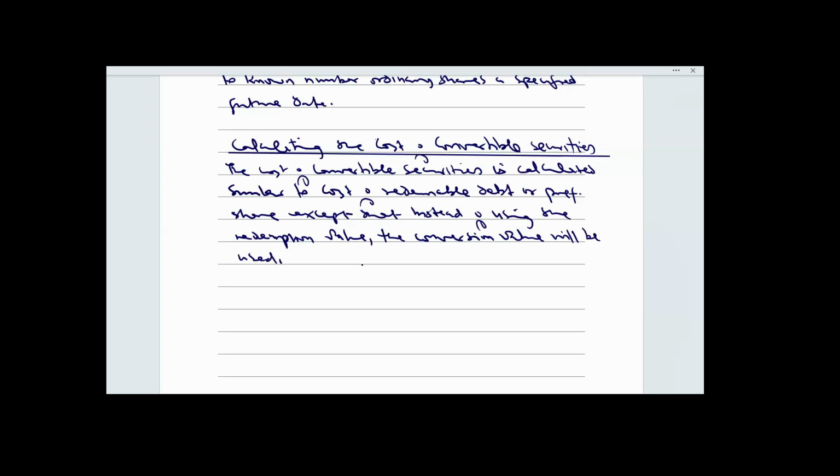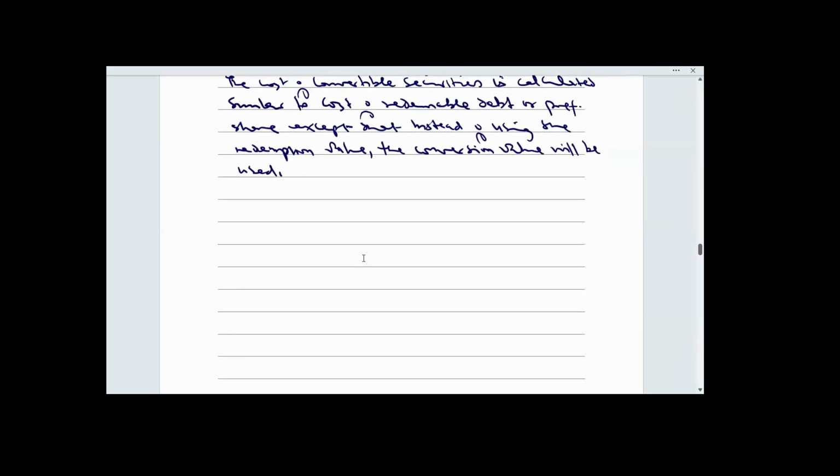So the same way you calculate internal rate of return, whenever you want to calculate cost of redeemable debt or preference share, it's the same way you are going to calculate cost of convertible security. The difference is just that instead of using redemption value, you are expected to use the conversion value.